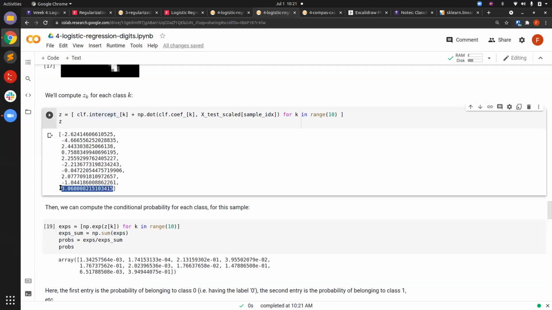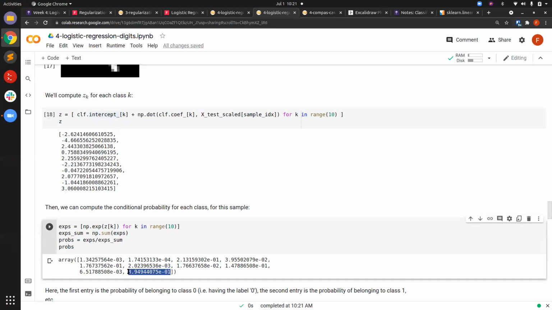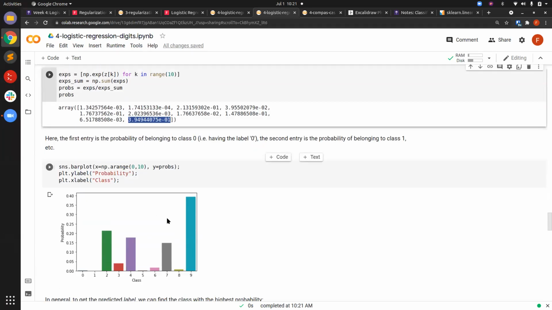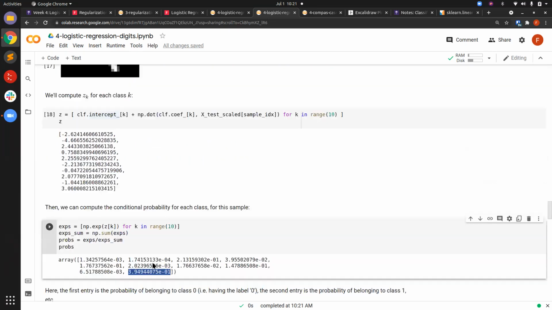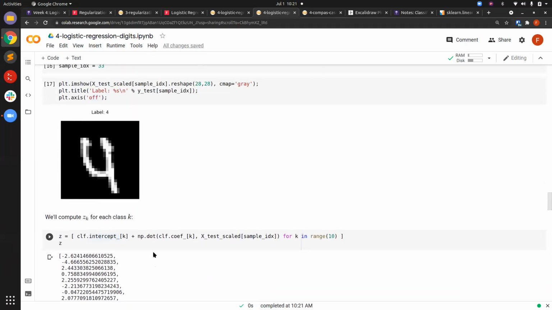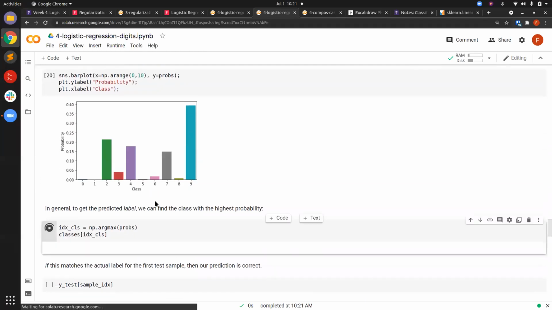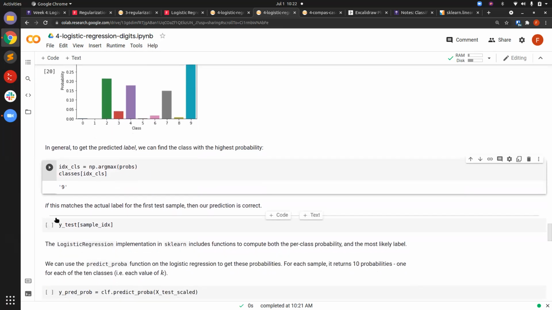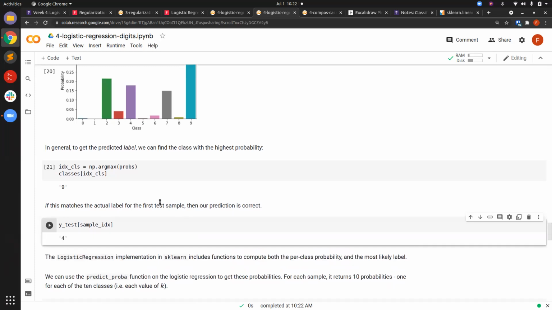On the other hand, we had a fairly positive Z value for class 9, and therefore a relatively large G sub K. And so for this, we estimate fairly high probability of belonging to class 9, 7, 4, or 2. In this case, the predicted class is going to be the class with the highest probability, which is class 9. So this is not a correct prediction because this sample is actually a 4, but it's going to misclassify it as a 9.